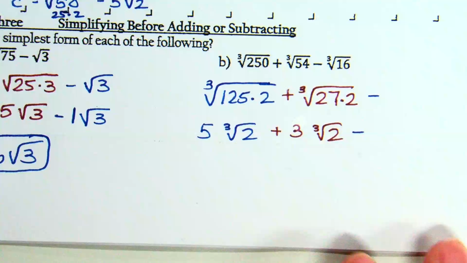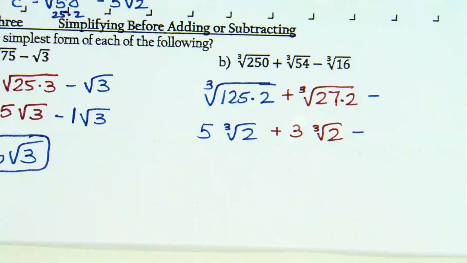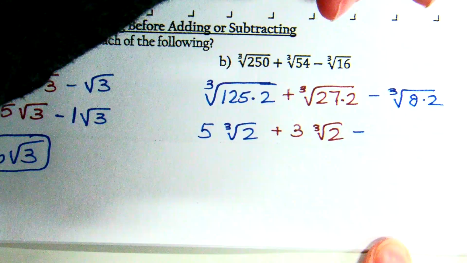Minus cube root of 16. Can I do the cube root of 16? No. Cube root of 16 I can't do, but what does 16 divide by? 8. And so 16 is the same as 8 times 2.